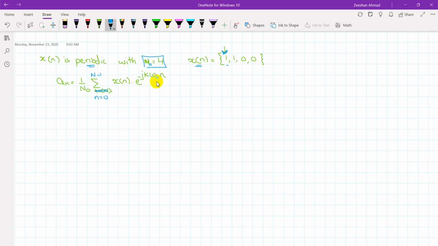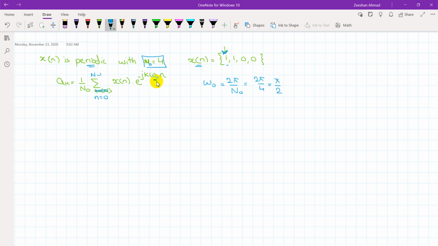Now, first of all, let us find the generalized form. For that, we need my omega naught. Omega naught in discrete time is equal to 2 pi divided by N naught, or N, whatever you say. So it will be 2 pi by 4, which is pi by 2. My omega naught here is pi by 2.